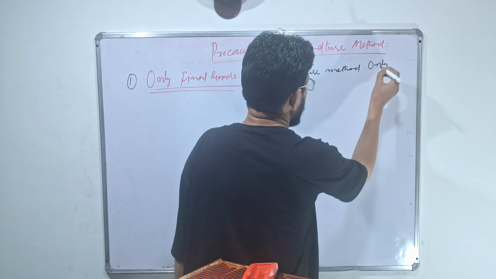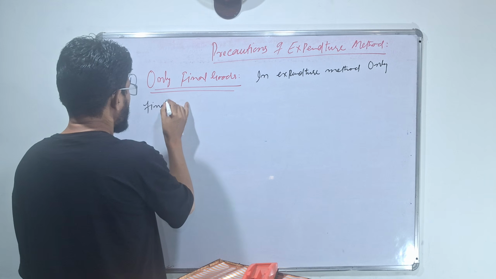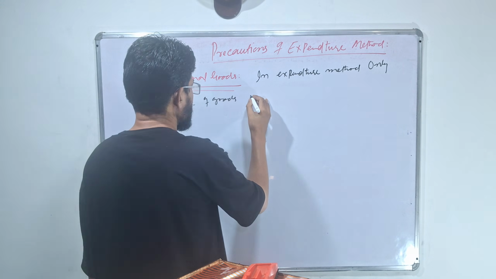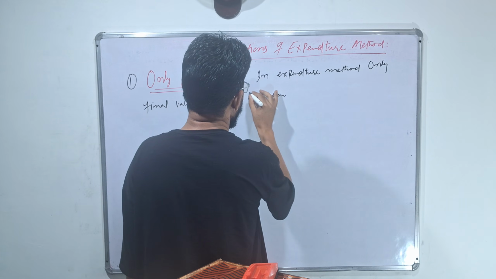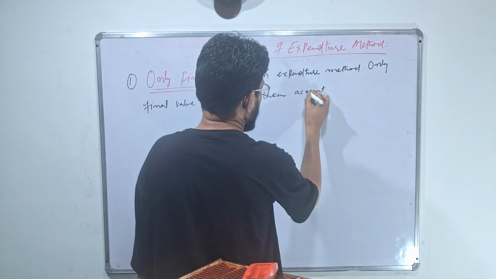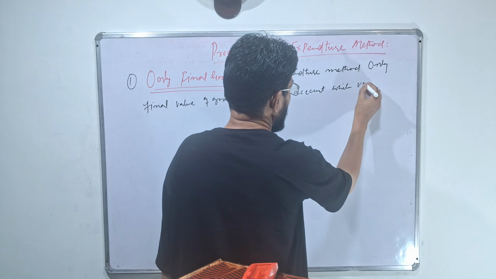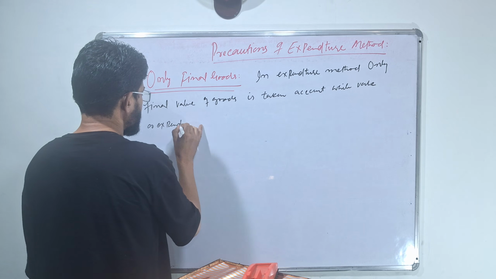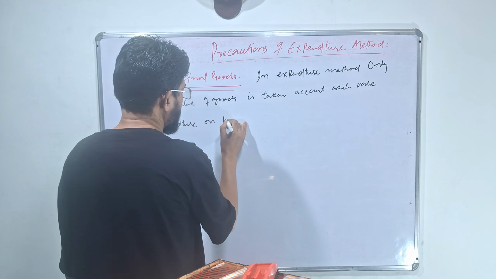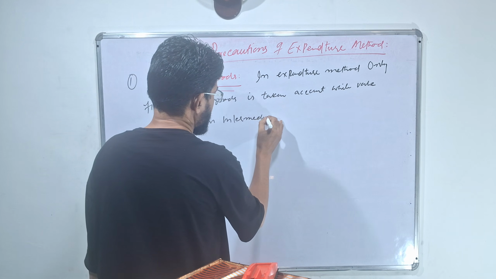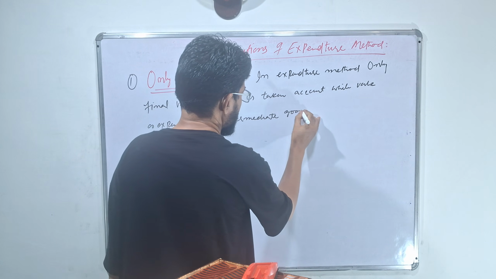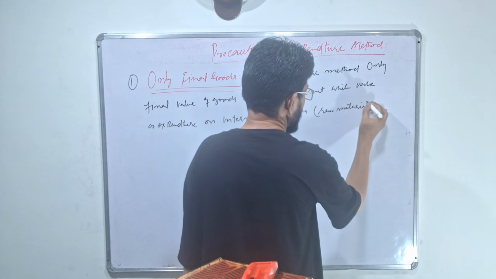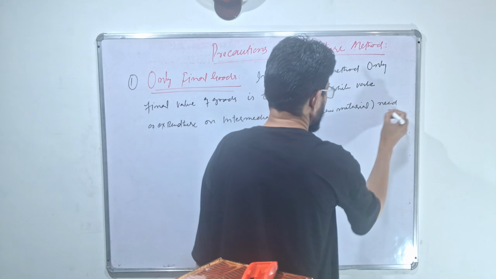Only the final value of goods is taken into account, while expenditure on intermediate goods like raw material need not be included.